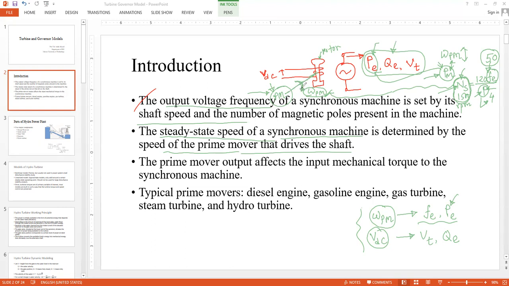If and only if we can ignore the mechanical rotational losses, then this speed would be exactly the same as the speed over here. If you allow some mechanical or rotational losses, then there will be some small deviation from the shaft speed to the rotor speed. And ultimately the prime mover output, that is the turbine output, would affect the input mechanical torque to the synchronous machine.